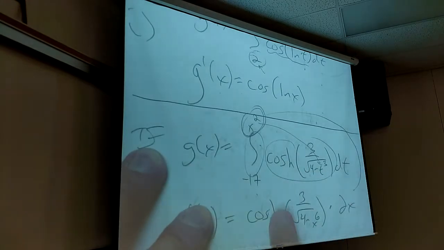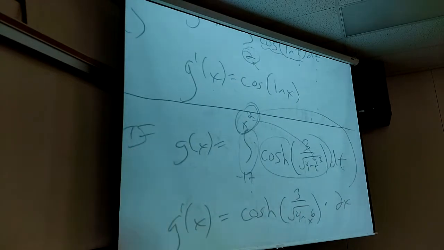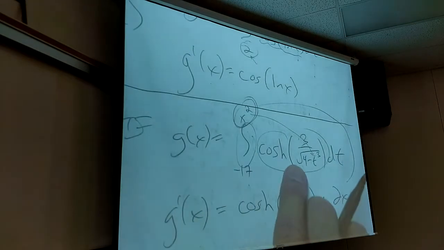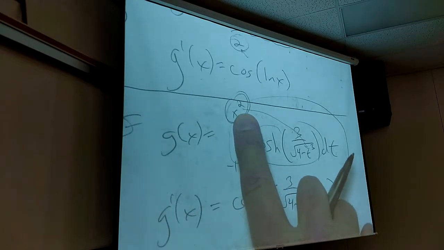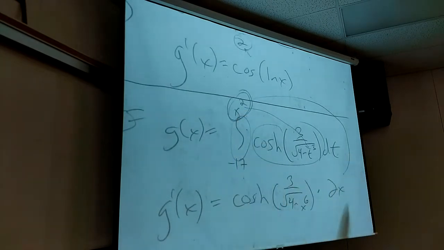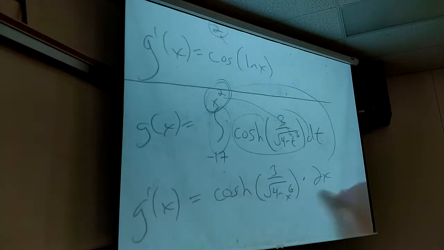So this step right here is just a rule. How do you take the derivative of an integral of something? It's that thing evaluated at that endpoint. Oh, that endpoint is something more than just x. Oh, I've got to do chain rule.